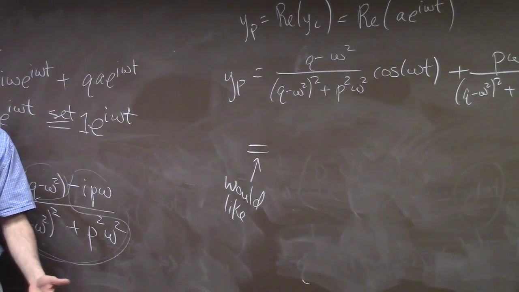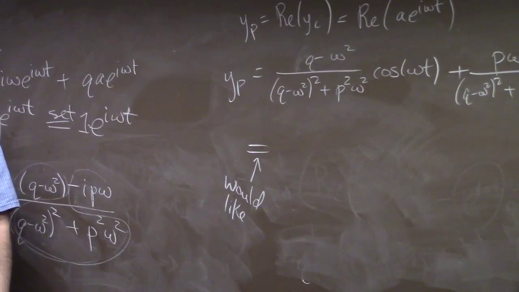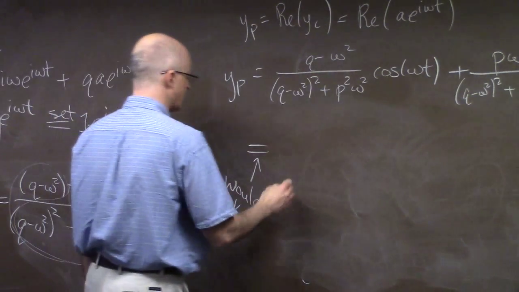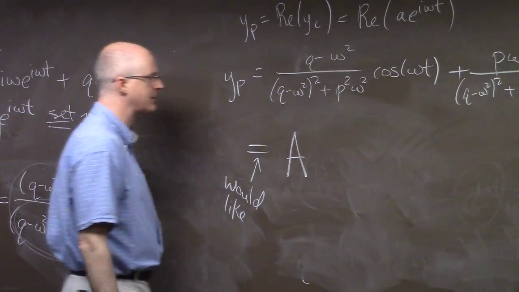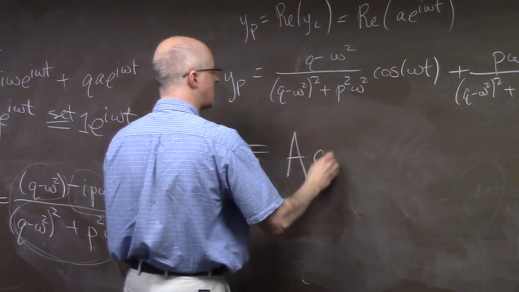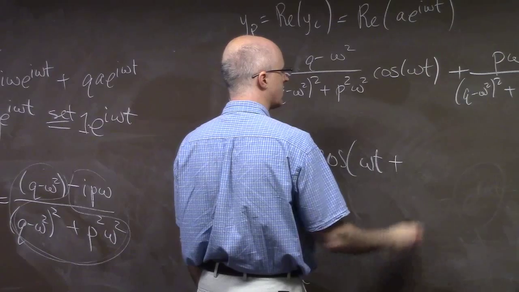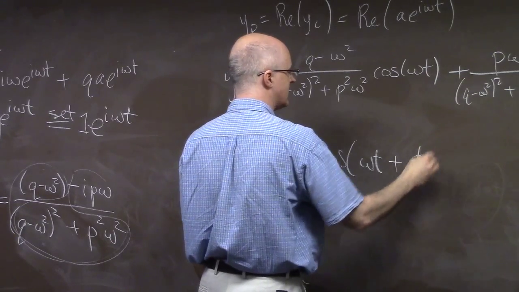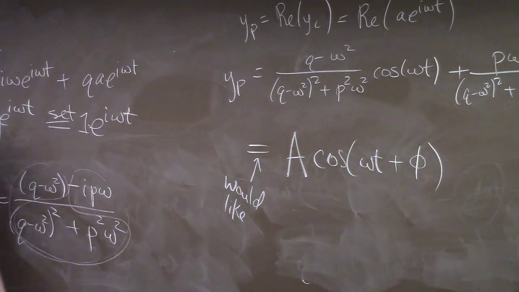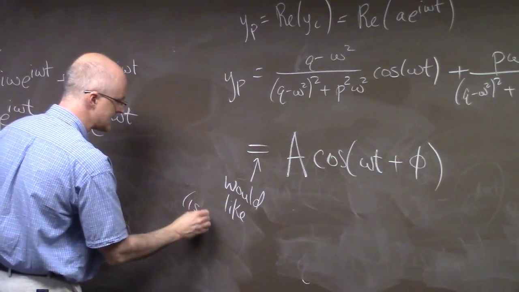There will be maybe a question about whether it's possible or not to write this. We would like to write it as capital A times cosine of omega t plus some number that our book calls phi. We might wonder, is it possible?